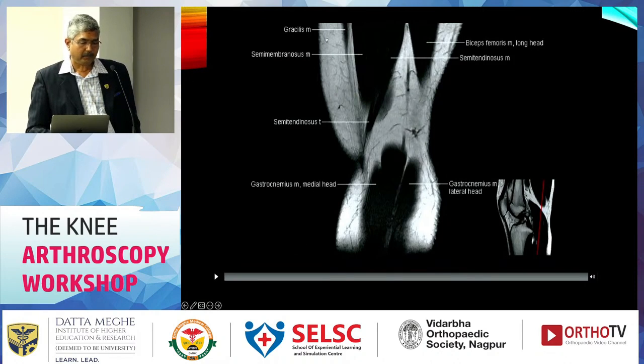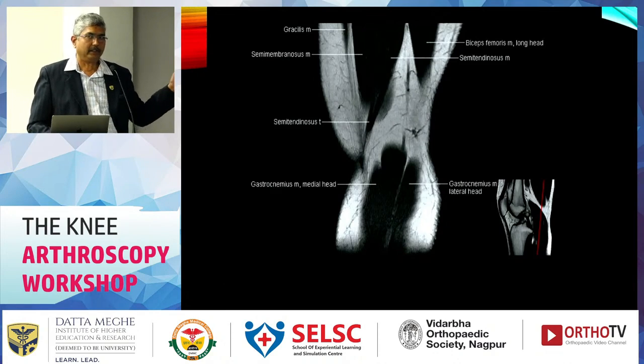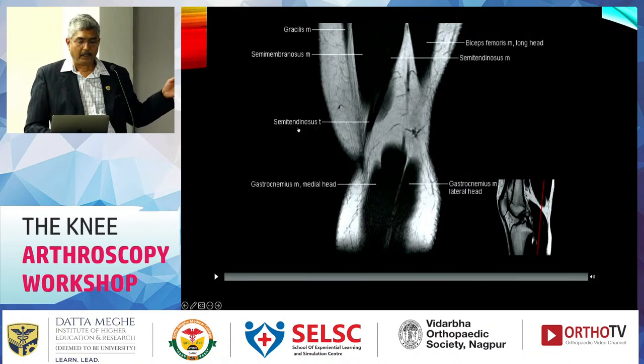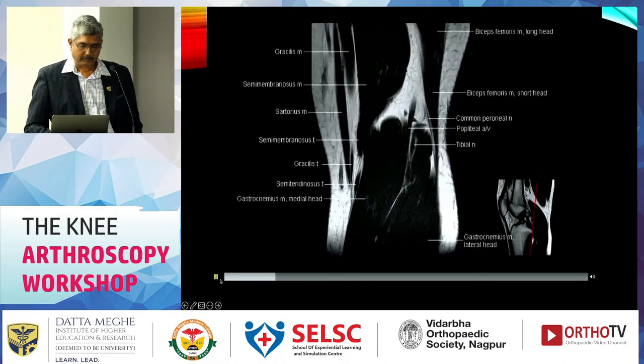In the medial part, the posteriormost part, we can see the gracilis muscle and semimembranosus, although here they are not getting inserted into the pes anserine bursa, which is inferior to the insertion of the semimembranosus, on the posteromedial aspect of the tibia. Here is the semitendinosus. So let's go through all these images.